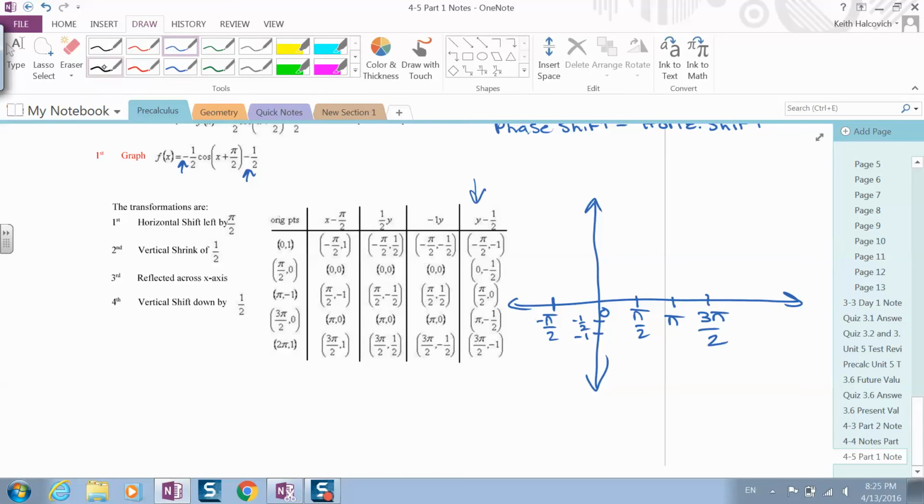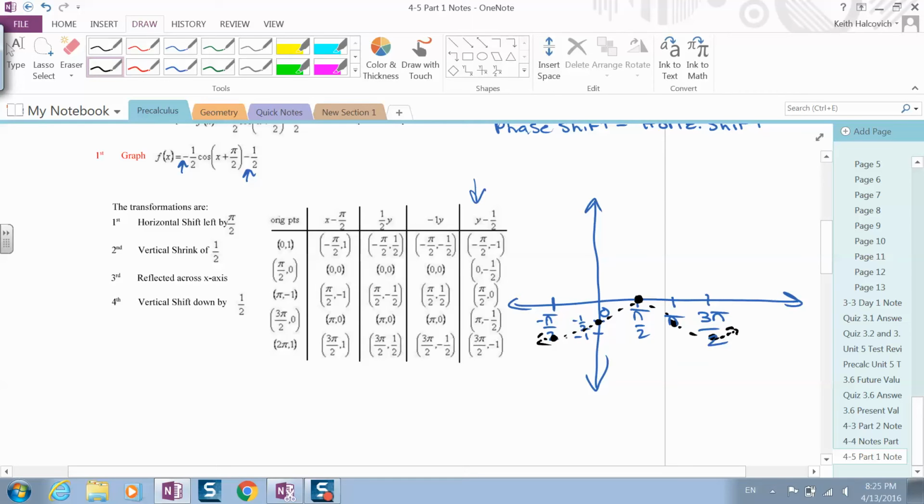Alright, so when we plot the points for the cosine curve, we have negative pi over 2 and -1, 0 and -1/2, pi over 2 and 0, pi and -1/2, and 3 pi over 2 and negative 1. Remember, dotted lines for this, because this is not our graph, this is just a guide.